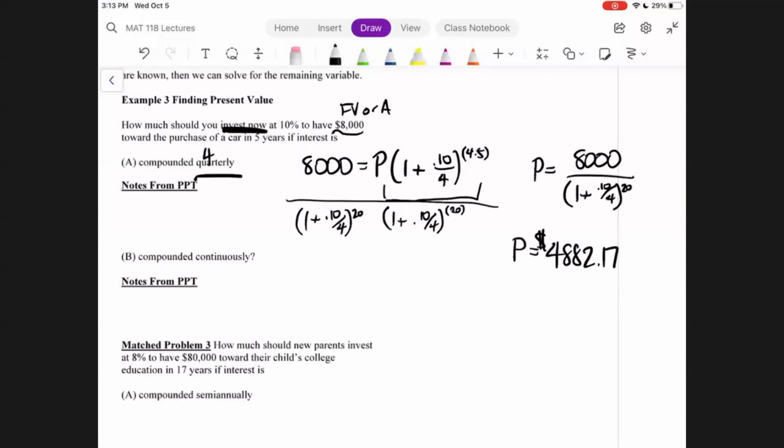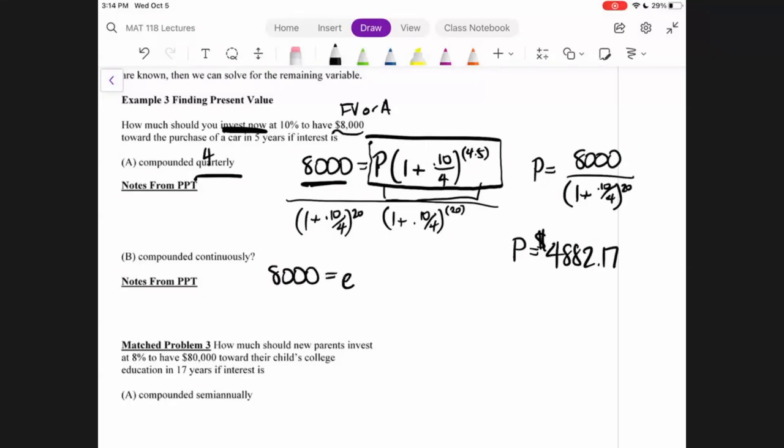Another way is some of my other students like to graph the 8,000 here. Then they want to graph this and see what value P would be for it to work. I mean, you could do that. It's up to you. So for part B here, if I want to compound continuously, it's the same thing except, so your 8,000 is your A, remember?